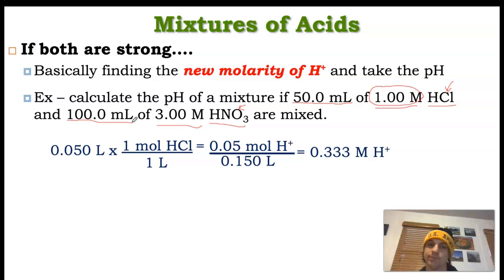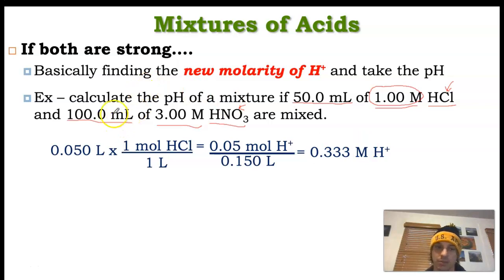Okay? Good. All right. Then I'm going to do the same thing for HNO3. I'm going to determine my new concentration of H from HNO3 based on mixing them together. And again, both of these individual hydrogen ion concentrations should go down because I'm diluting them.